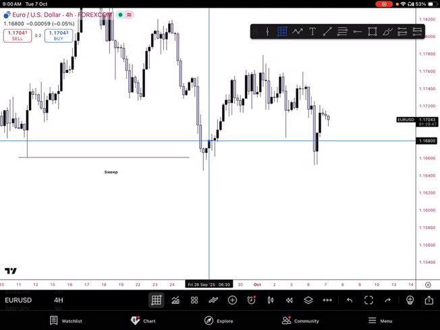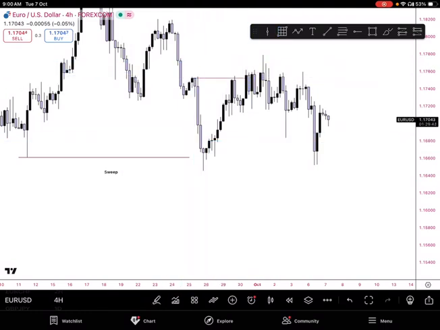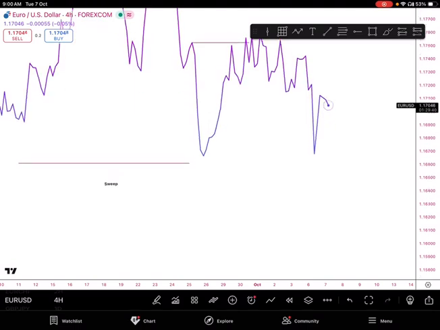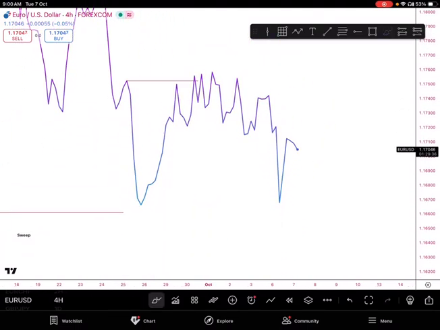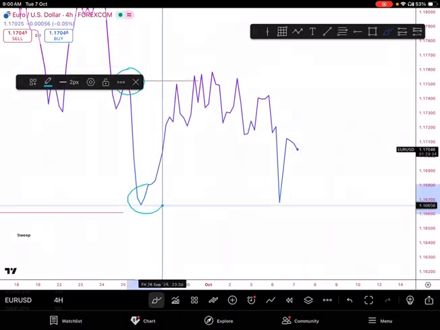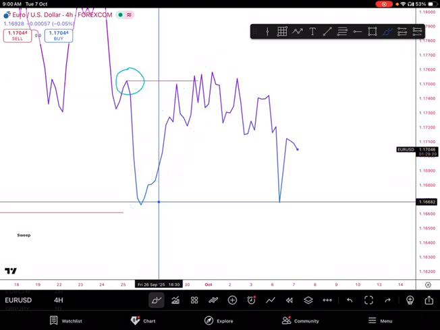Okay, so this high needs to be broken. If you want to see a clear breakout, go to the line chart, so that will show you the clear breakout. So understand that. This candle sponsors this move. Now this move broke here, so this is called a breakout structure.